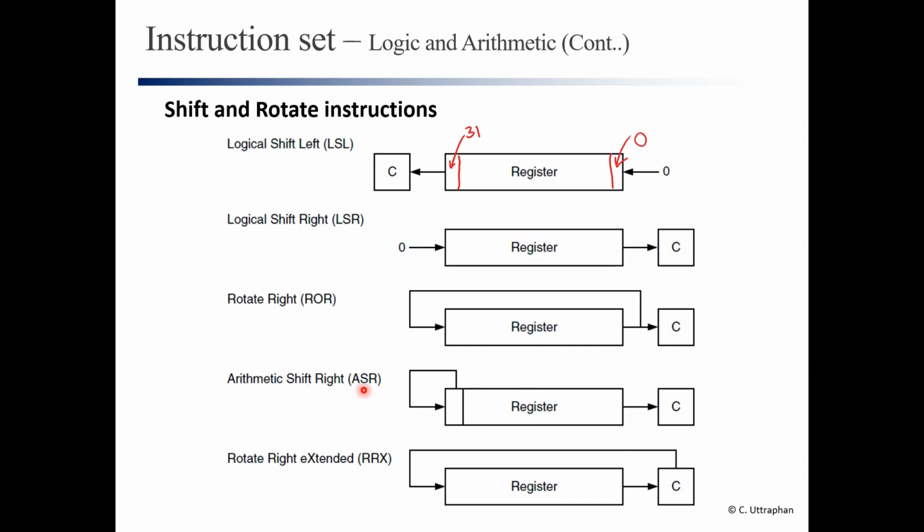For the arithmetic shift right or ASR, the operation is also similar to logical shift right, where the content of the register is shifted to the right. However, the MSB, or the sign bit, is now copied and remains the same. And for the last one, the RRX, the operation is similar to ROR, except that the bit that will replace the MSB is copied from the carry flag.